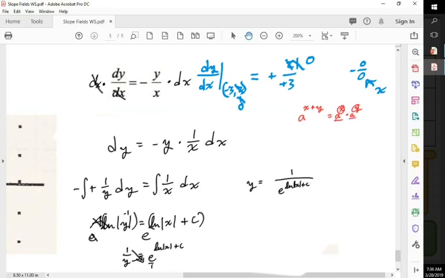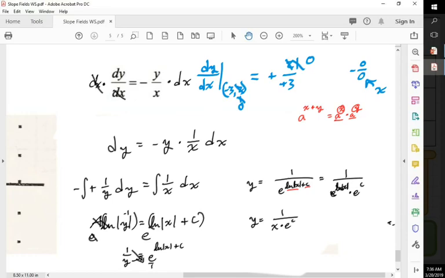You add them. And that's what's happening right here. We have exponents that are adding to each other. So I'm going to rewrite that to say e to the natural log of x, and then times e to the c. Now, this e is going to cancel out with that natural log, and so we're going to have 1 over x times e to the c.